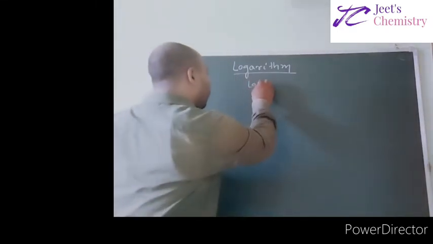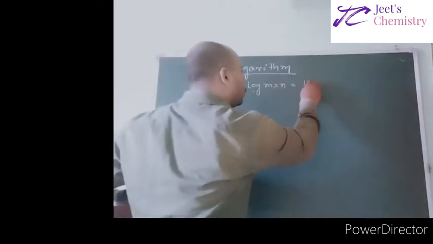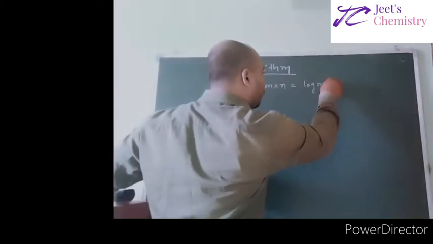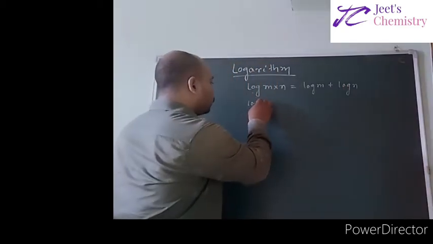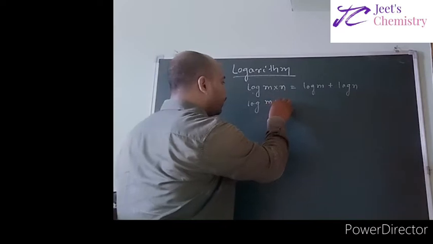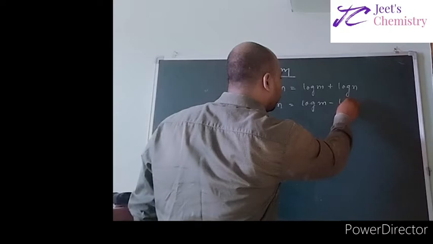That is, log m into n is equal to log m plus log n. Log m divided by n is equal to log m minus log n.